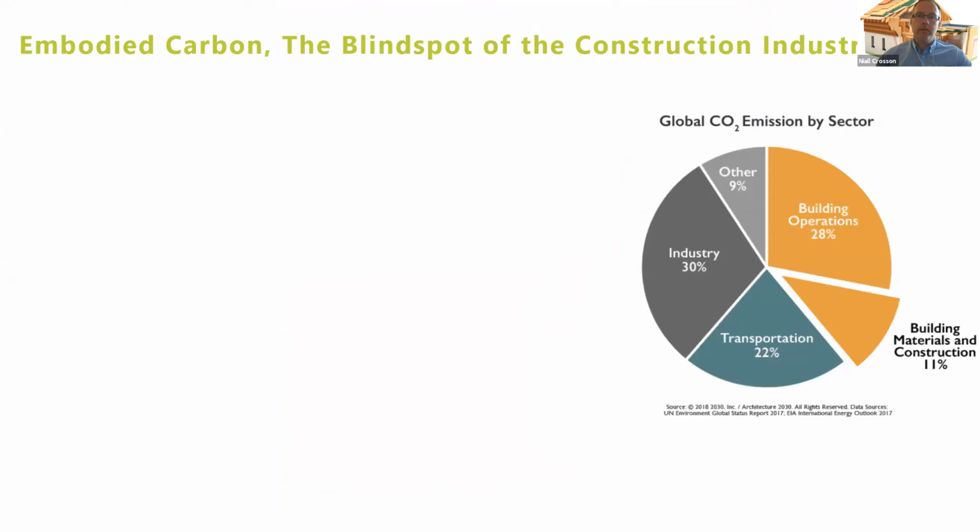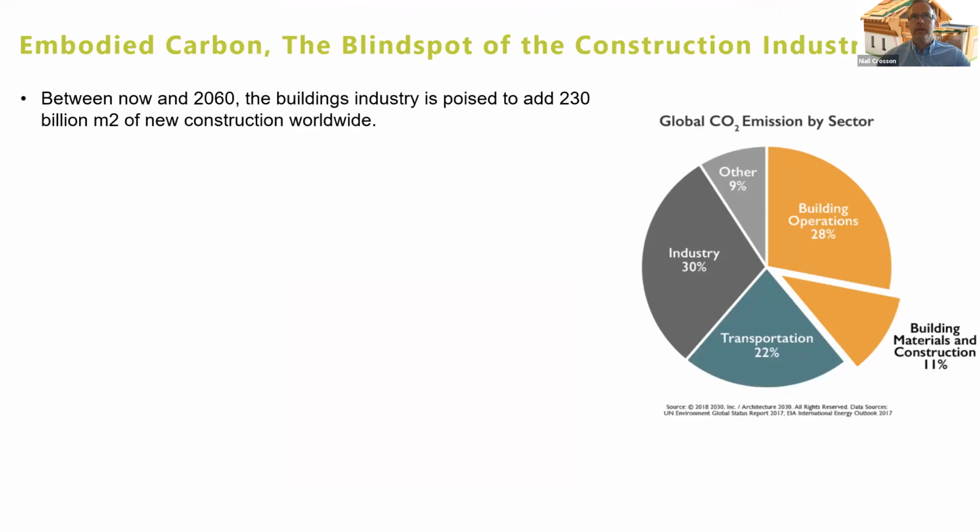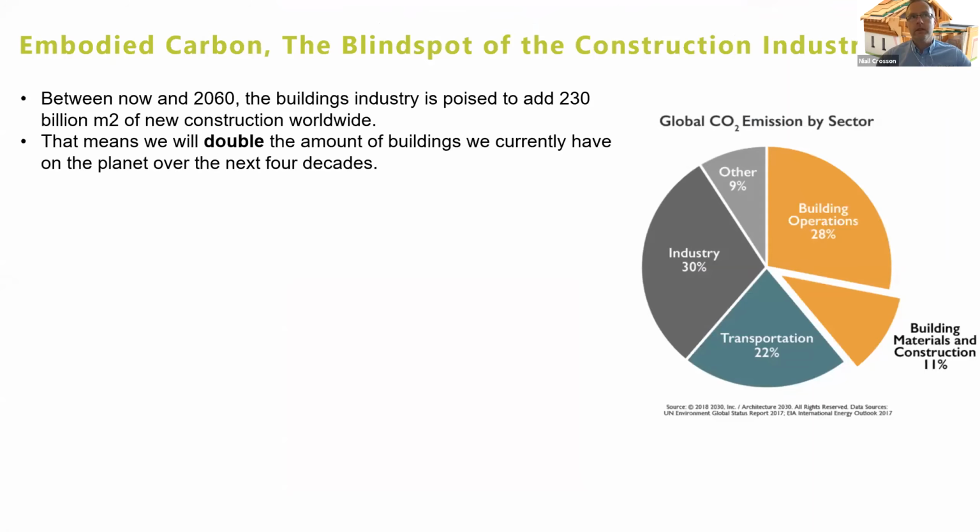I suppose I'm preaching to the people that already know a lot of this information, but in terms of embodied carbon, this is often cited as the blind spot in the construction industry. Between now and 2060, the building industry is poised to add 230 billion square meters of new construction worldwide, which is the equivalent to basically doubling the amount of buildings we currently have on the planet for the next 4 decades.